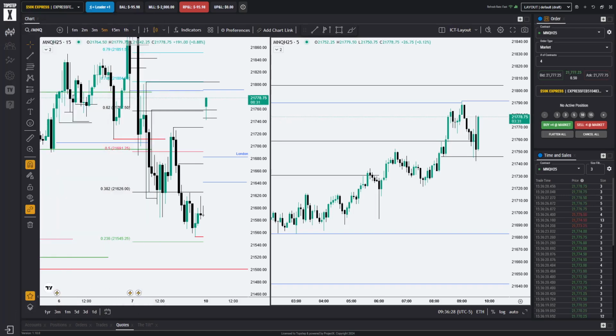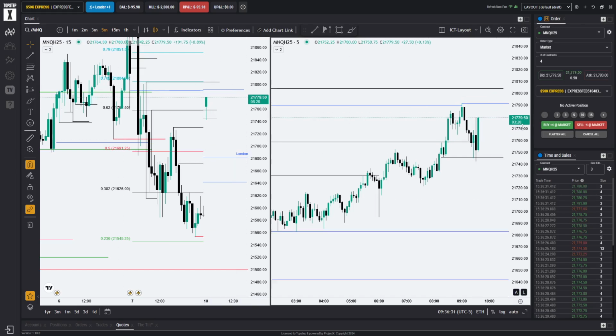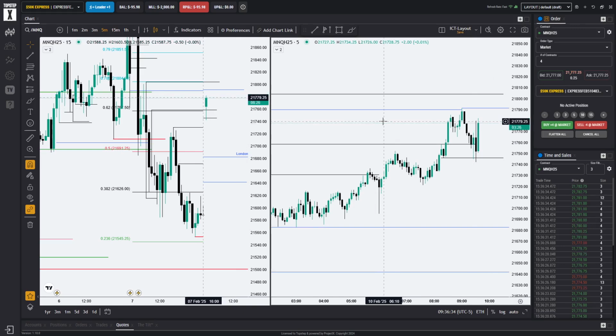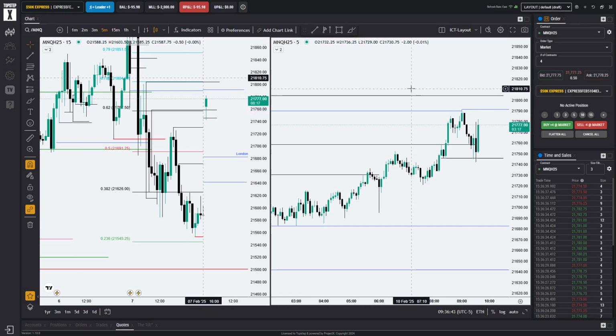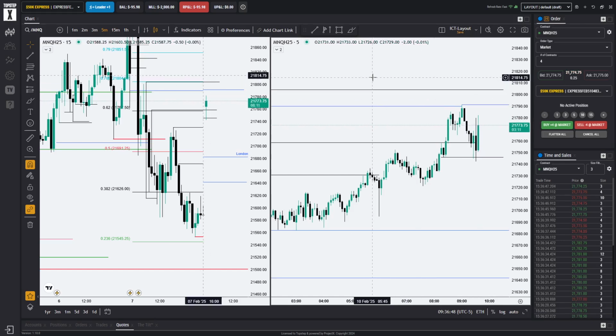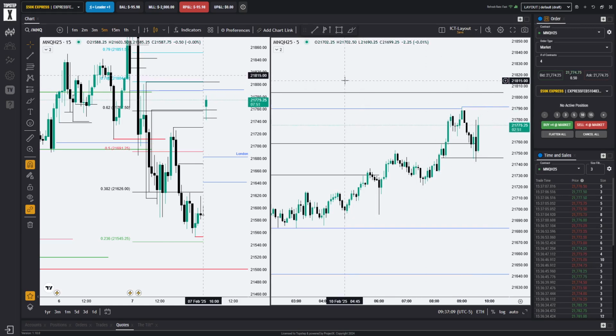Nasdaq is pumping. So straight away we see that there's a difference between ES and NQ. And I could take a risk here.